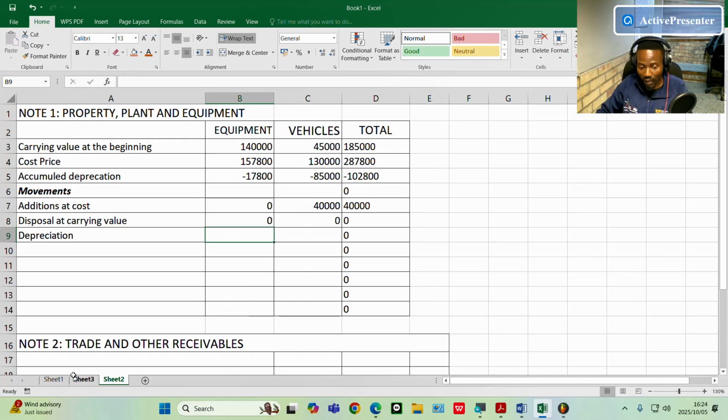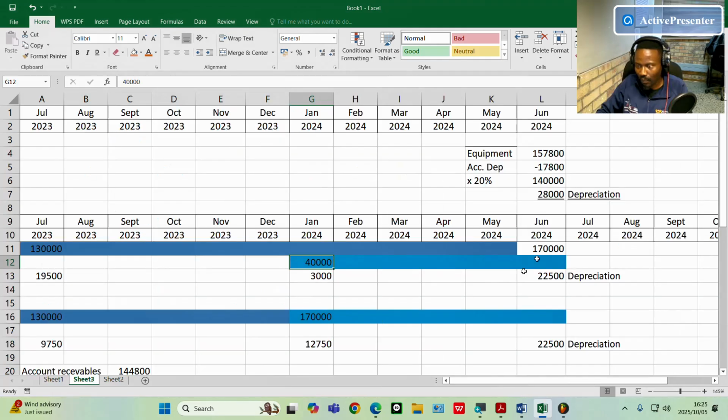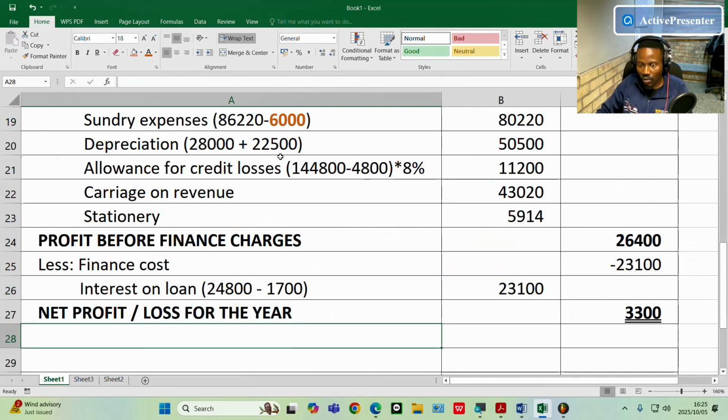Depreciation, we've already calculated, guys. You take it from your statement of profit or loss. I think 28,000 was for equipment. Let me just confirm. Yes, 28,000 is for equipment, meaning the 22,500 is for vehicles, right?